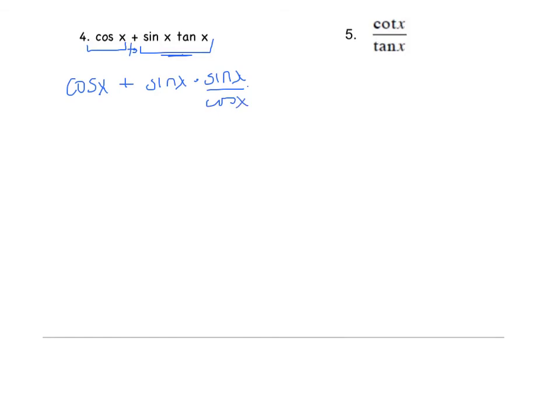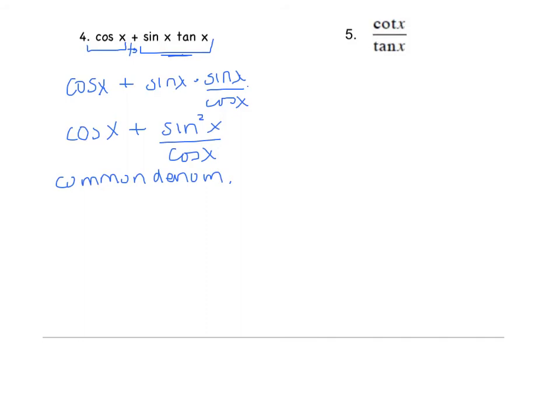And so what I have here is, I'm going to write it like this, cosine x plus sine squared x over cosine x. Well, this looks like a fraction, and it is. It's just I have trig functions in the denominator. So you're going to find a common denominator, right?